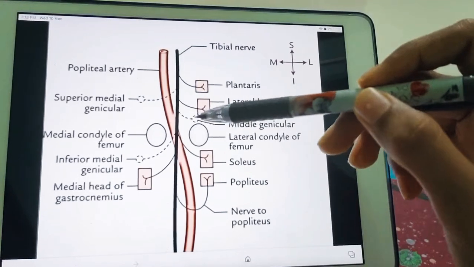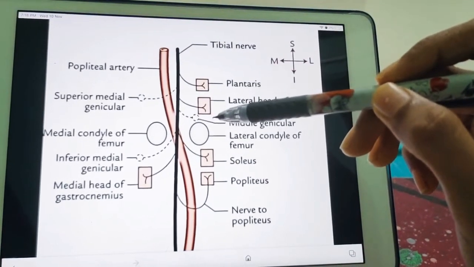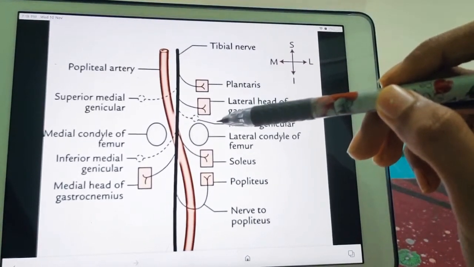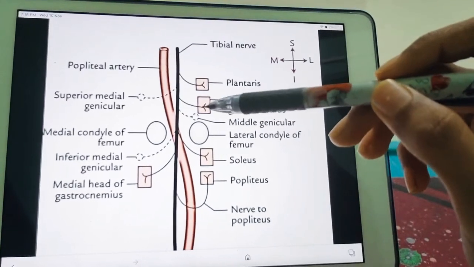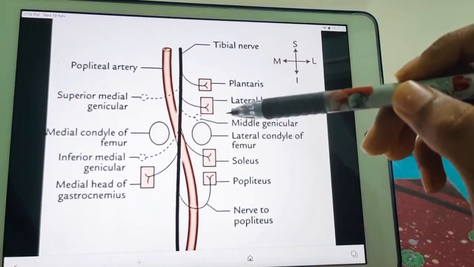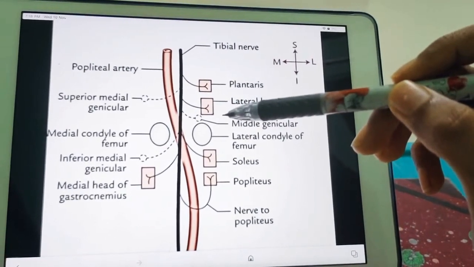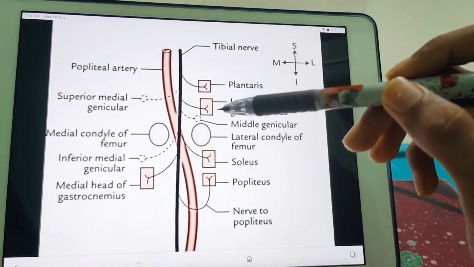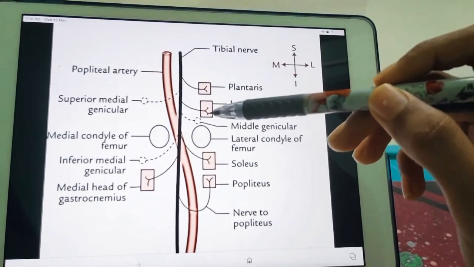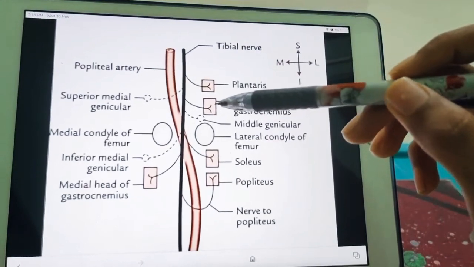Intercondylar means between the two condyles, the gap which is present there. They supply that region, hence the name middle. It supplies the middle of the two condyles of the femur. So this pierces the posterior part of the capsule of the knee joint to supply the intercondylar notch of the femur.